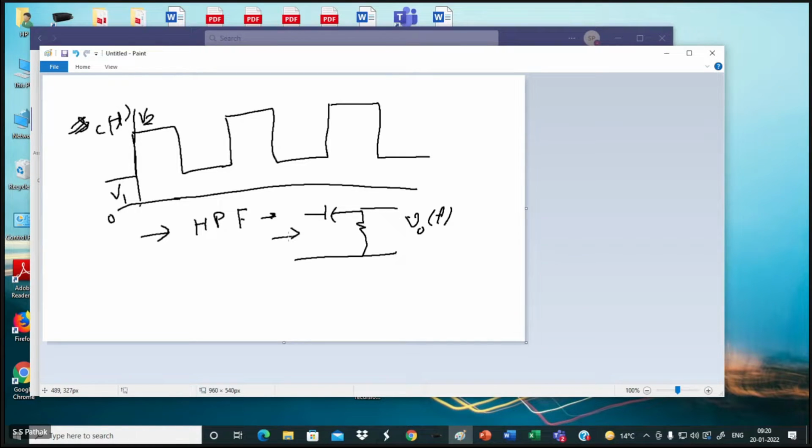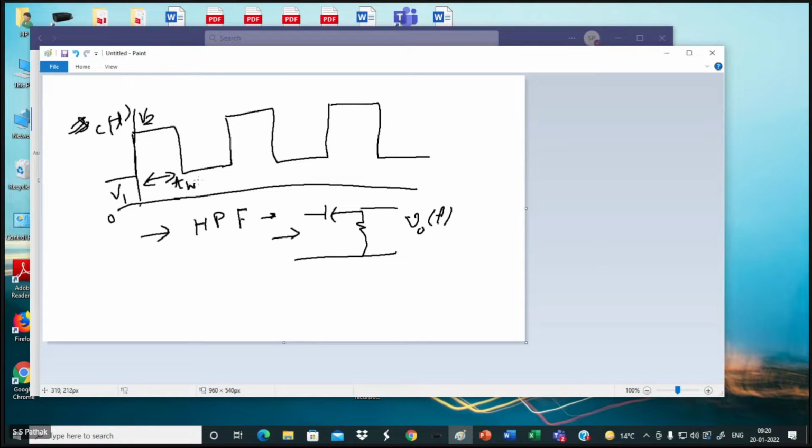Now there are two timings here. One is from here to here, the width of your square wave, which I'm calling TW, 0 to TW.